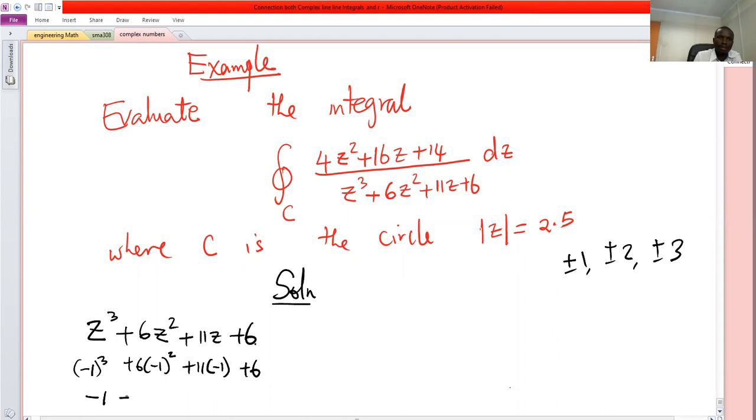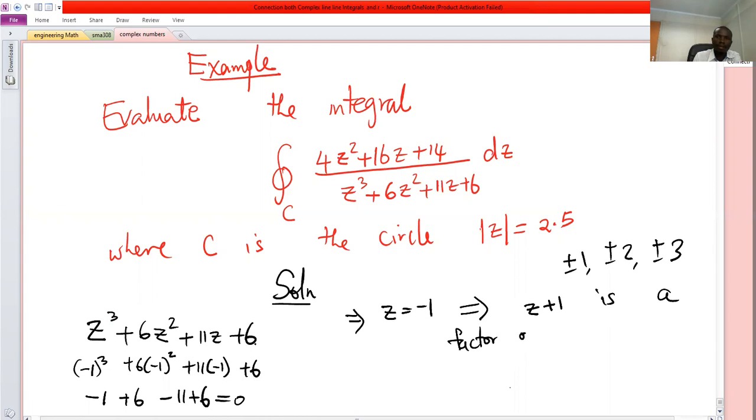So -1 + 6 - 11 + 6. When you add all these 4 terms, the answer will be 0, which tells us that z = -1 is a zero of this polynomial, which is the same thing as saying z + 1 is a factor of z³ + 6z² + 11z + 6.